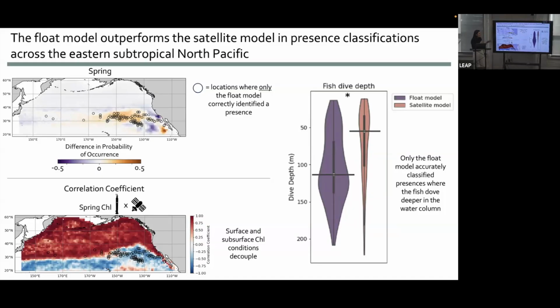So this pattern supports the idea that subsurface biogeochemical information can help explain habitat use and behavior in this region, and that these conditions aren't visible to satellites, which is why the float model performed much better in this particular area.